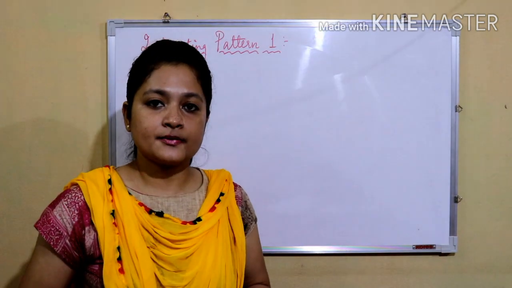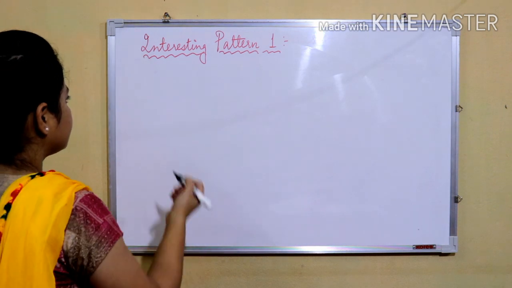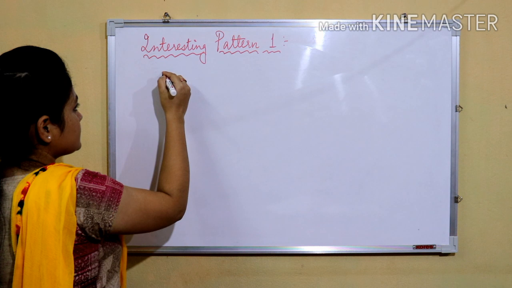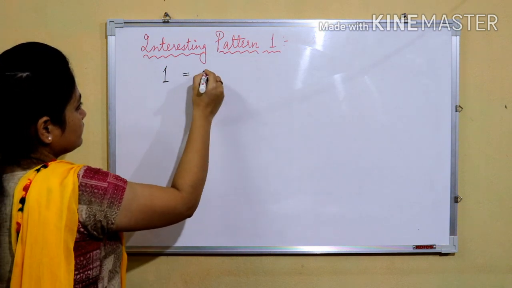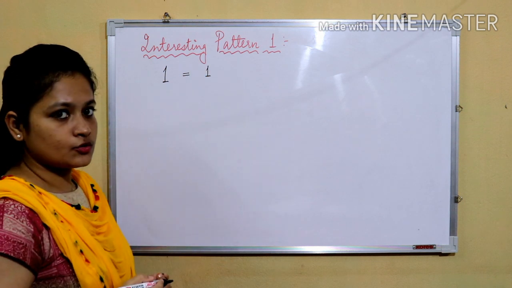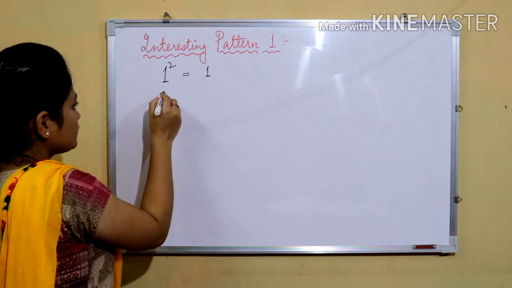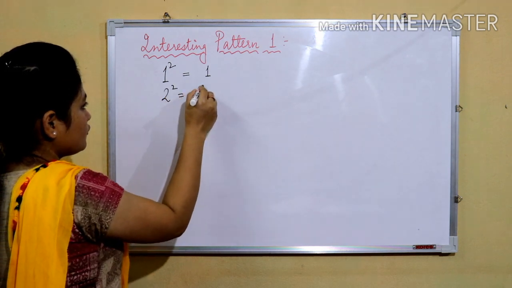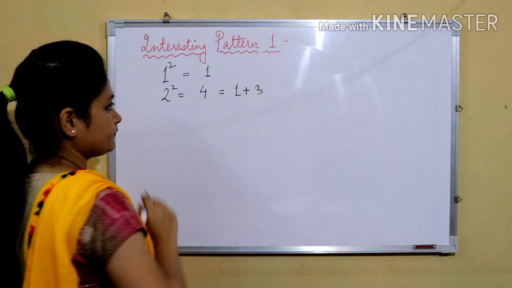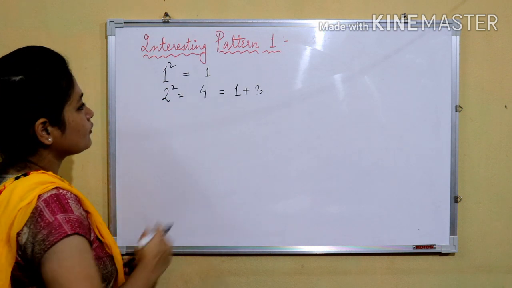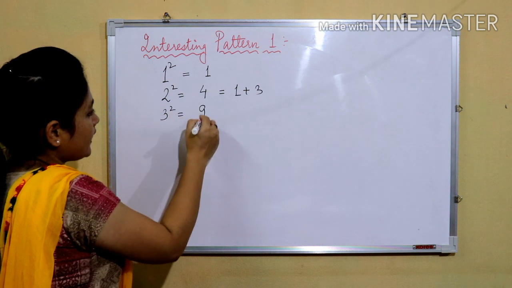Let us now understand some interesting patterns. Interesting pattern 1. Let me write the number 1, which is equal to 1. That means 1 square is equal to 1. 2 square is 4, which can be written as 1 plus 3. 1 plus 3 gives us 4. 3 square is 9.